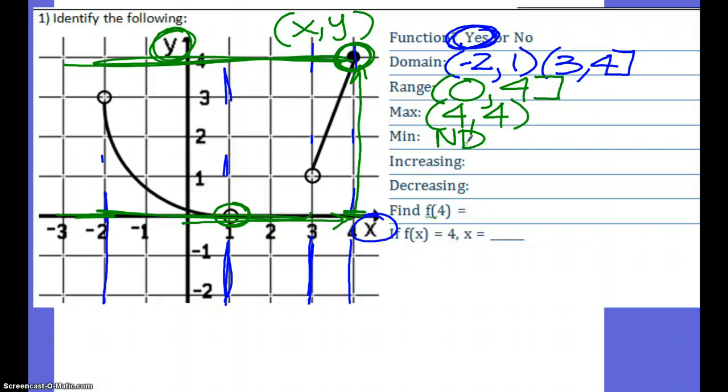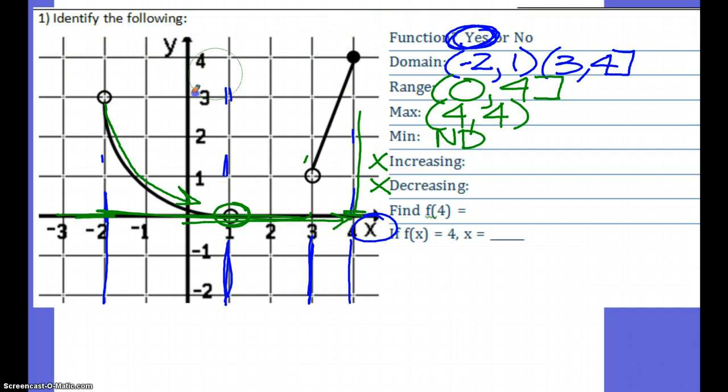Increasing. As you go across the page from left to right, notice that this first line is going down while this second part is going up. So for increasing, again, increasing, decreasing, please remember that you go left to right and we use the x values. So here, I'm going to switch it around.